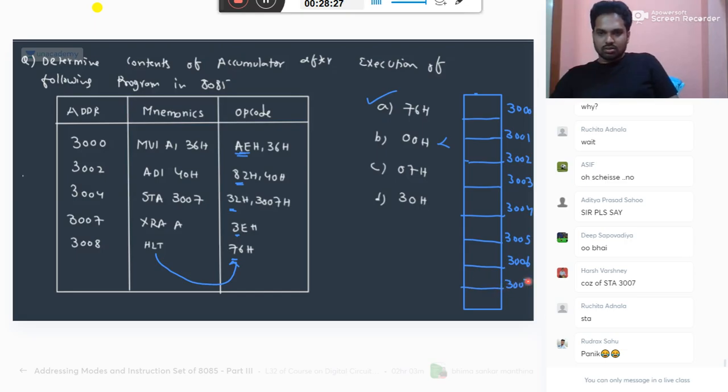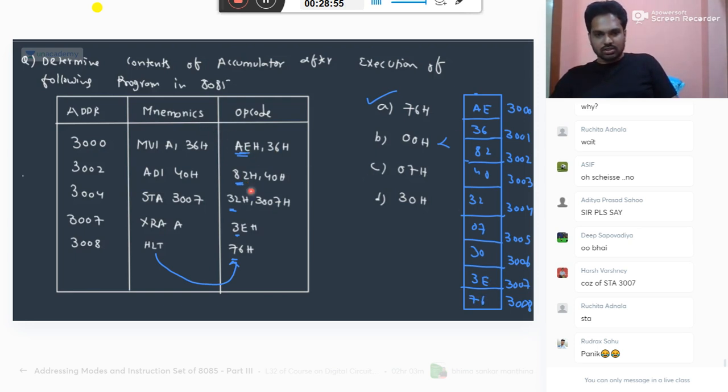First, the accumulator is copied with 36. Are you happy? Then add immediately, the accumulator is copied with 36 plus 40, which will give you 76. Add immediately 40 to the accumulator. Then store the accumulator in 3007 memory location.